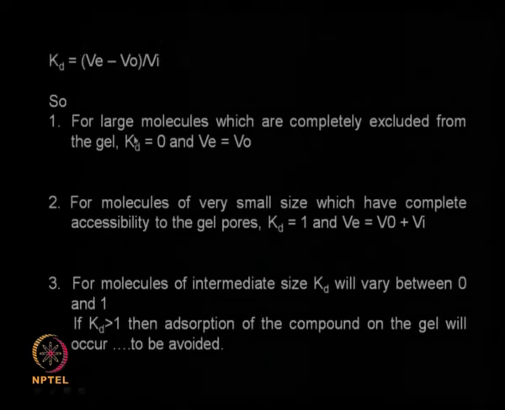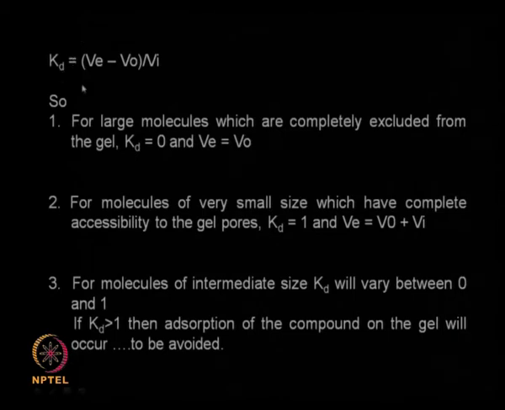Now there are three different situations one can consider. If the molecules are very large, that means the molecules cannot enter the pores and are completely excluded from the gel, so we can consider Kd equal to 0.